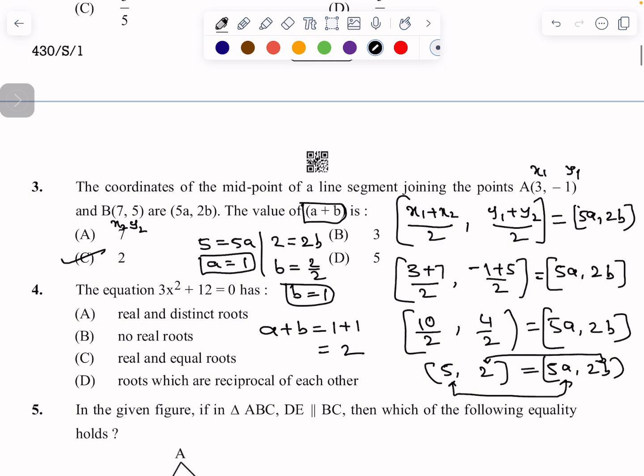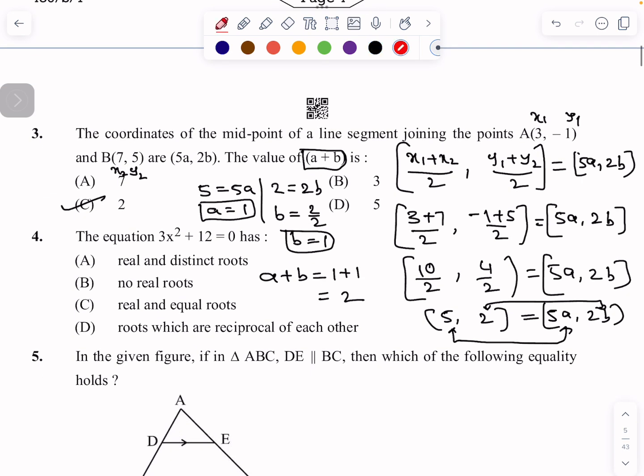Now in question number 4, the equation 3x square plus 12 equal to 0. For this you need to find the b square minus 4ac value. Here a equal to 3, and there is no b value, so let us assume b is 0, and the c value is 12.